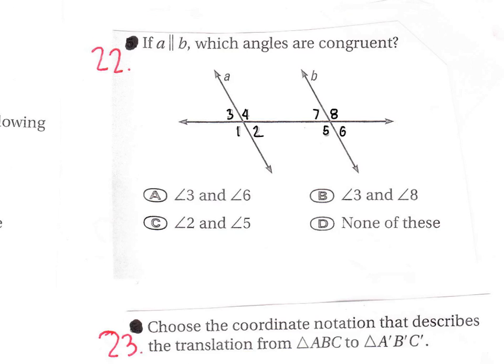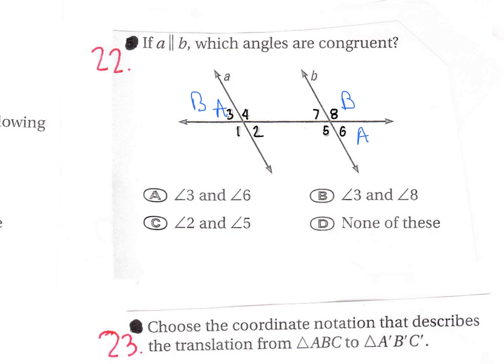On number 22, A and B are parallel. So which angles are congruent? Which ones are congruent, meaning equal? Is it A, you've got 3 and 6. I'm just going to write letter A there to show you those are the angles for A. Is it B, 3 and 8?